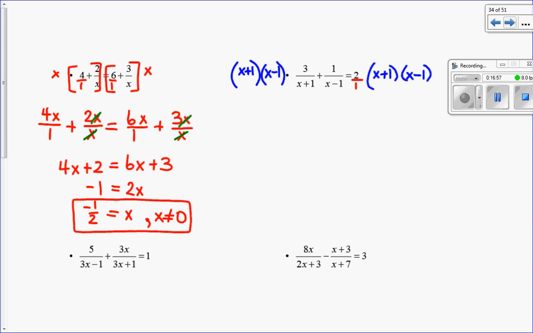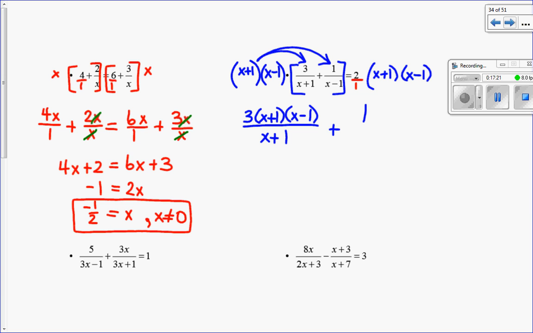When I do that on this side, I've got 3 times x plus 1 and x minus 1, and that's all over x plus 1. Plus, I've got 1 that I have to also multiply by both of those. This whole side is being multiplied. So I have to multiply them by that term, but also by that term, right?